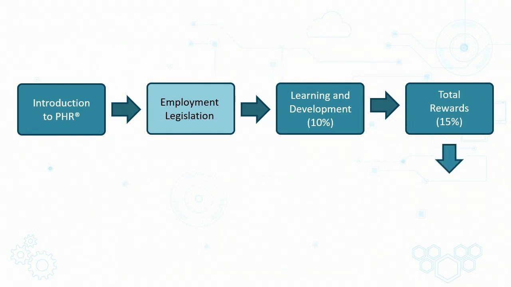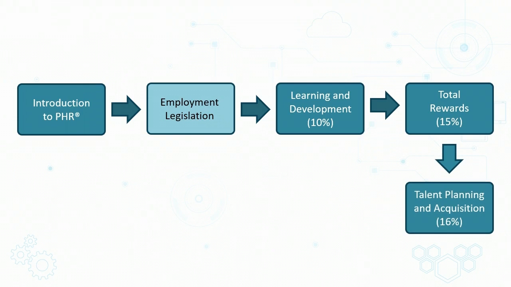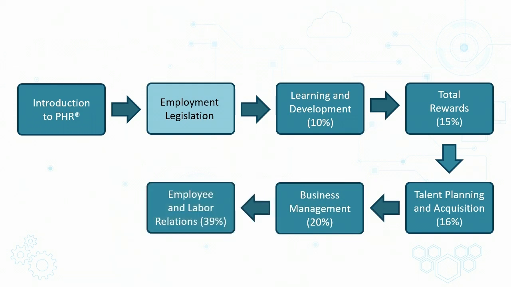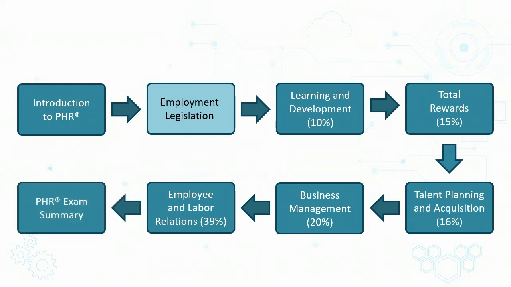We'll move from the bottom right to the left with talent planning at 16%, followed by business management at 20%, and then employee and labor relations at 39%. And we'll finish with the PHR summary.